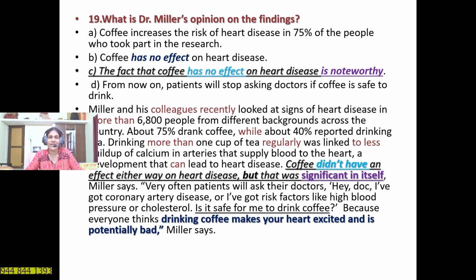Miller and his colleagues recently looked at signs of heart disease in more than 6,800 people from different backgrounds across the country. About 75% drank coffee, while about 40% reported drinking tea. Drinking more than 1 cup of tea regularly was linked to less buildup of calcium in arteries that supply blood to the heart, a development that can lead to heart disease.